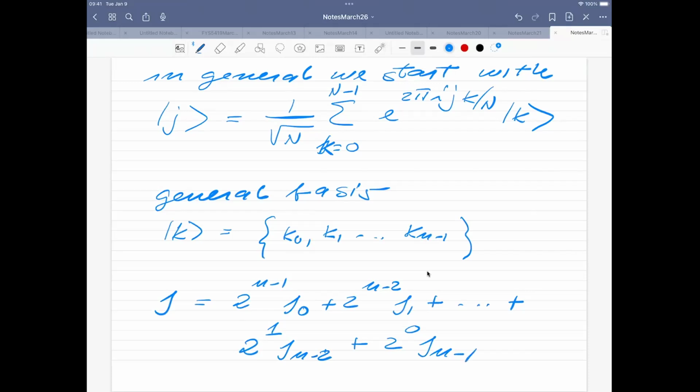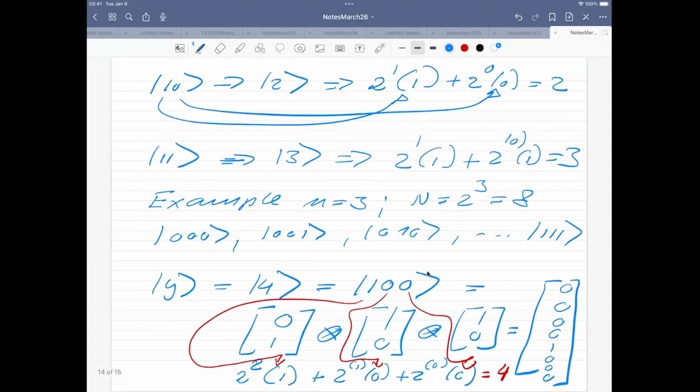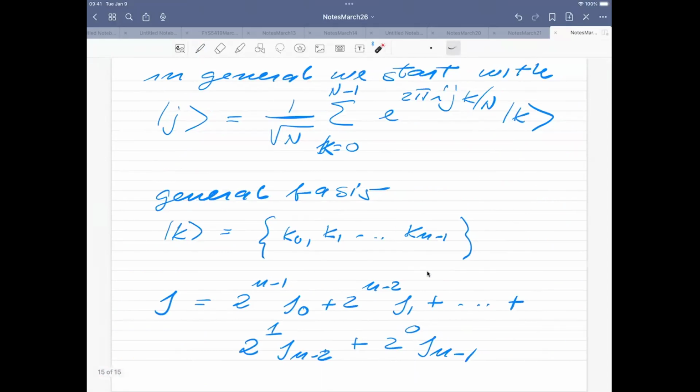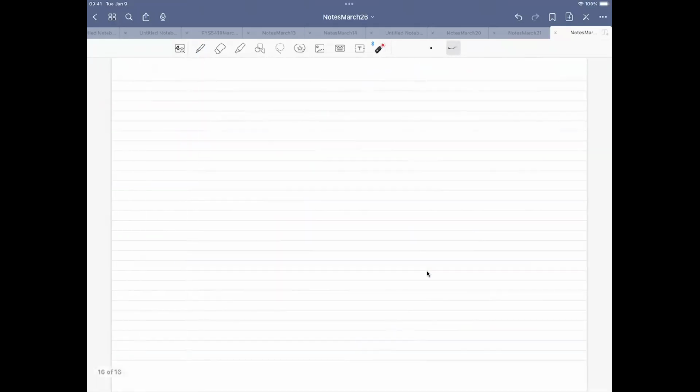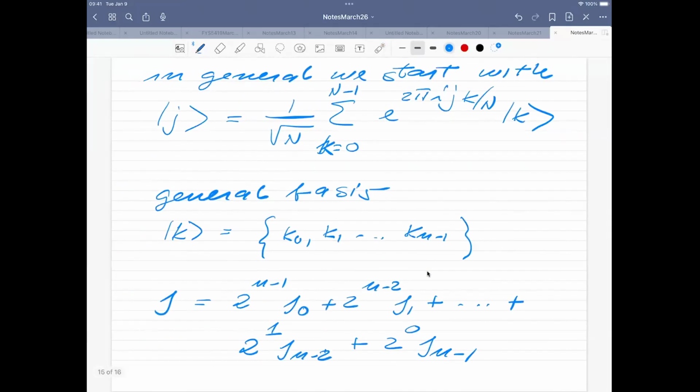So if we go back to that notation which we have here, what I'm doing now is simply to set up a general state here, this J here, which I'm going to encode in terms of this representation here. So it means that I could now set up these basis states. If you look at this basis which we have here, this basis K, this is something which I can encode in.